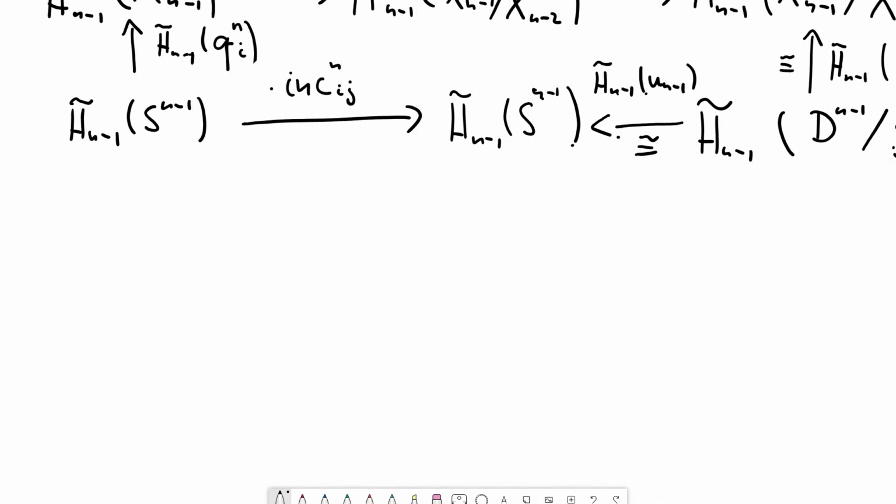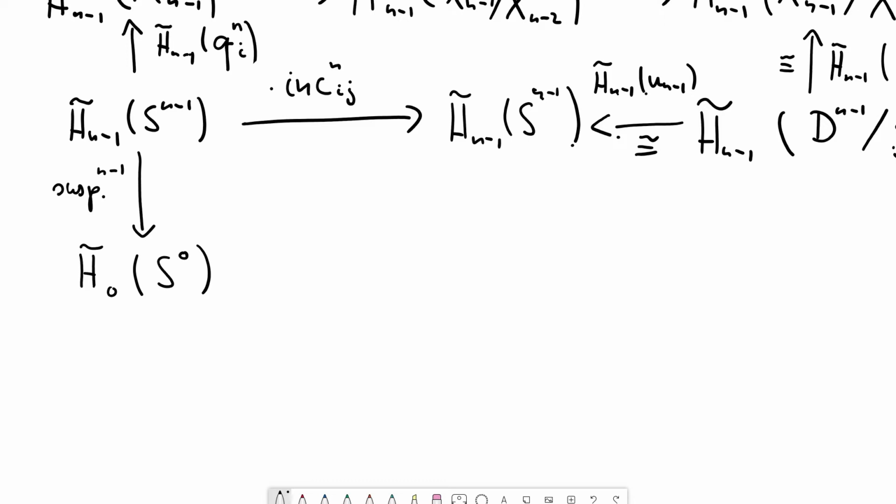And to do so, what I can do here is use the suspension isomorphism, and I actually use it n-1 times until I end up at the 0th reduced homology now of the 0 sphere. Suspension, let me just write to the n-1, even though each suspension isomorphism I apply here is actually a different one.